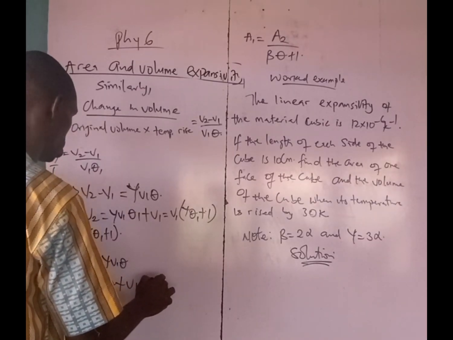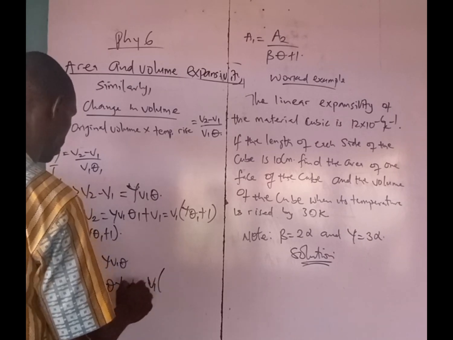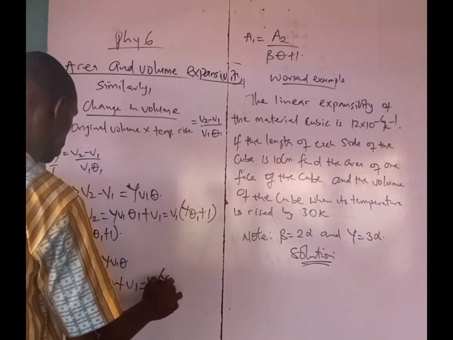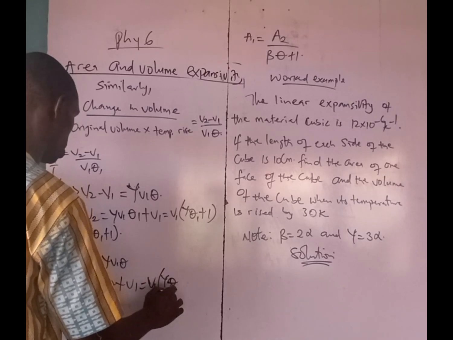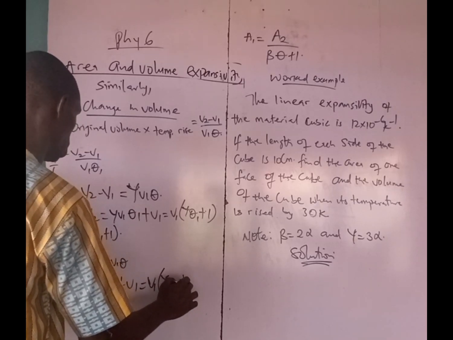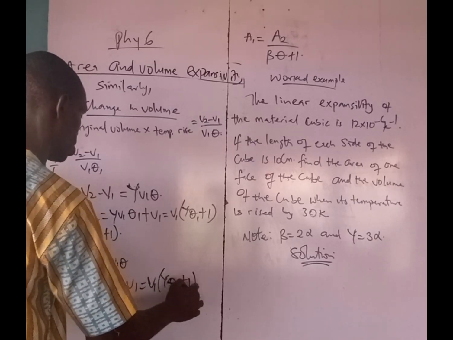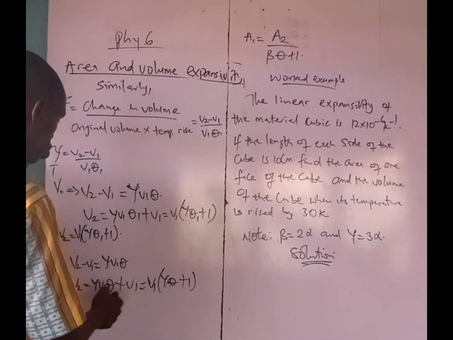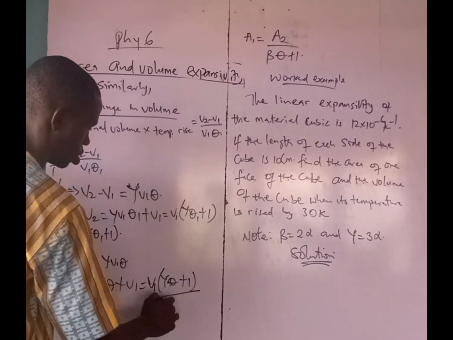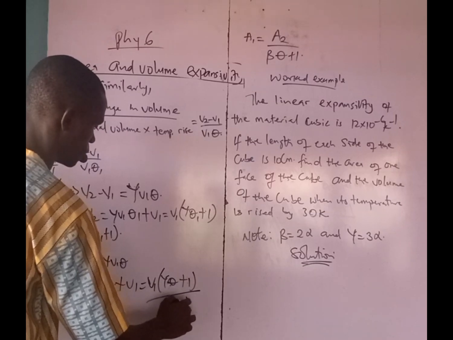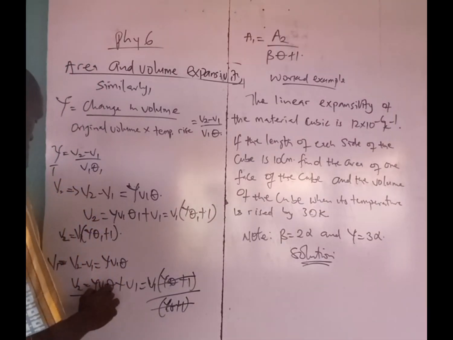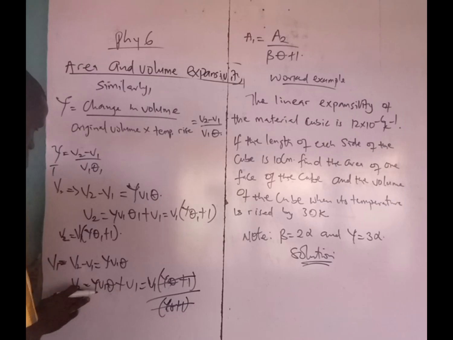V1 is common. There you have V1 remains, theta plus 1. Then of course you know you divide both sides by what? This one. This can cancel this. There you have this to be over.